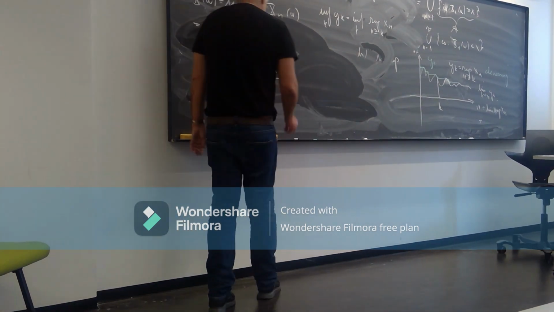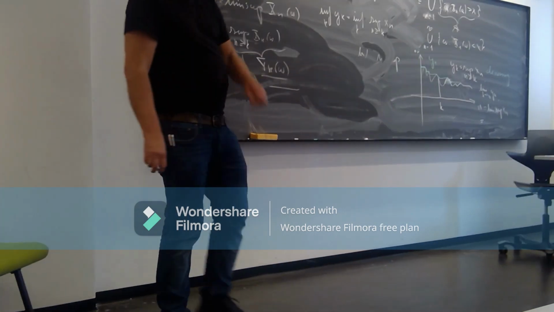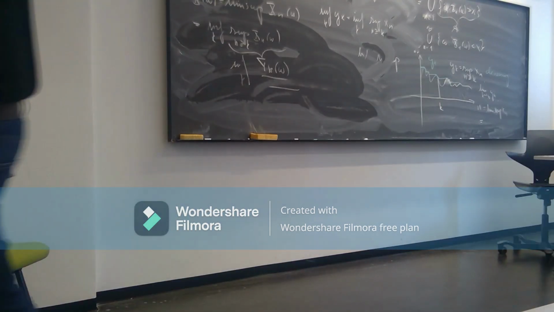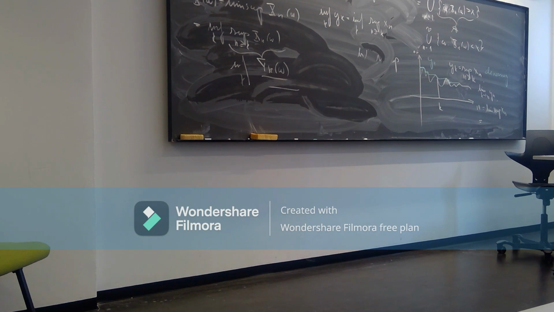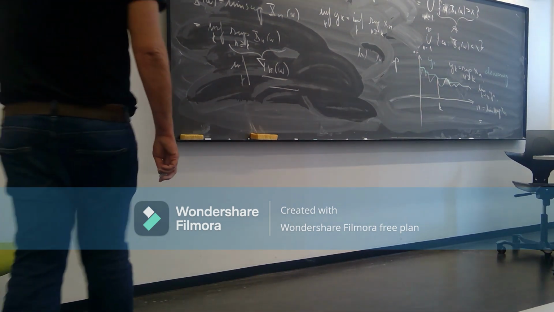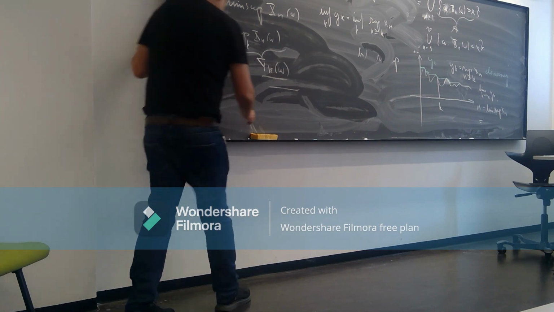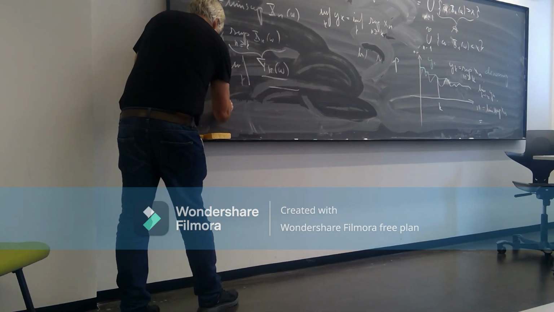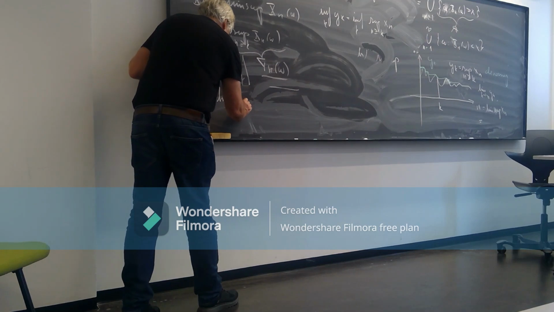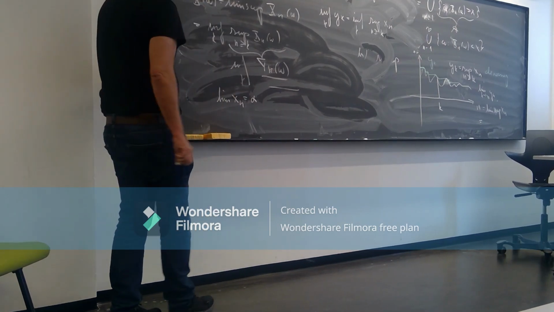And why is this interesting? Why does anybody care about lim-inf and lim-sups? Well, the main reason perhaps is that they are a way to get into the limit, because what does it mean that the limit of a sequence equals alpha?